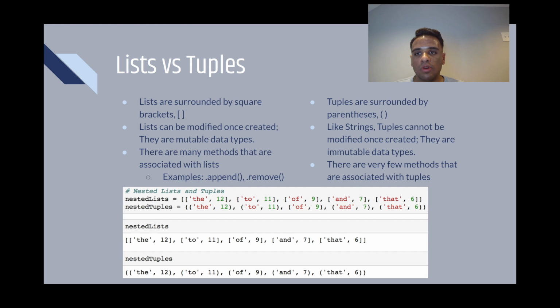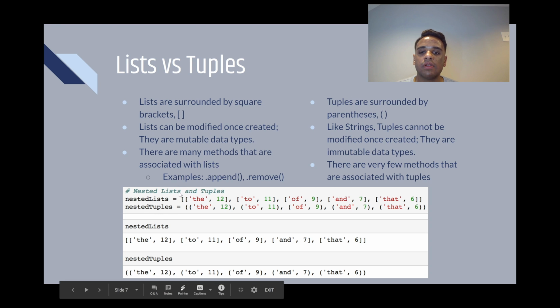So here are 2 more data types we want to discuss, and they are lists and tuples, and this is the big confusion where people get these 2 mixed up. There's a big difference between a list and a tuple. Lists are basically surrounded by square brackets, meaning if you see square brackets around the data type, it's counted as a list.